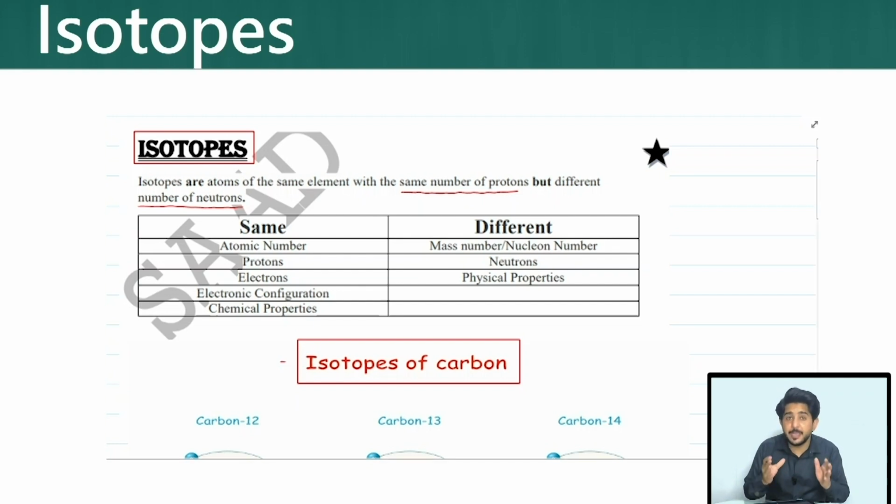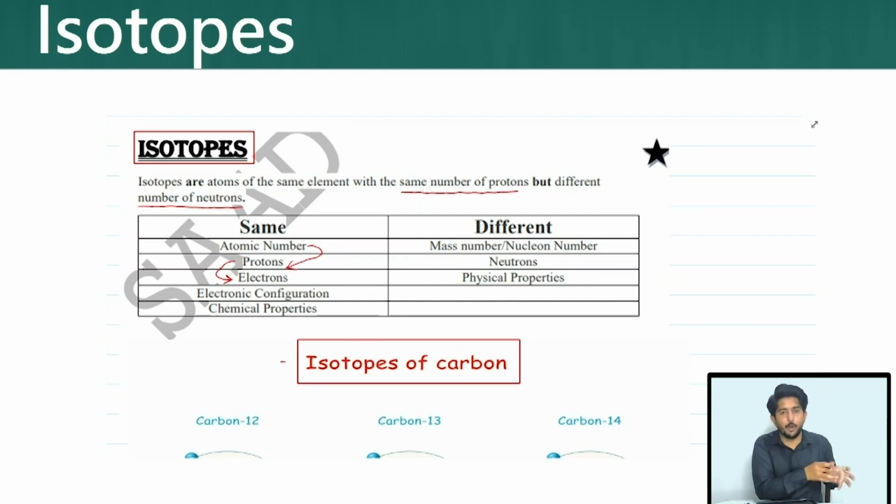And every atom has equal number of protons and electrons. So beta ji, if atomic number is same, it means protons are same. If protons are same, it means electrons are same. If there are two atoms, they both have 10 electrons.